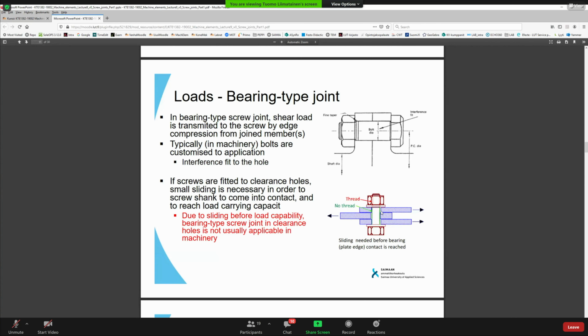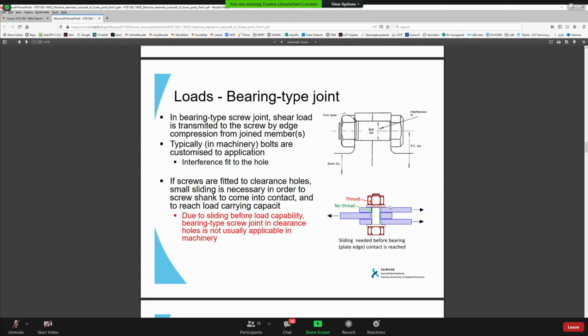Therefore, this bearing type joint is not that well suited for machinery if it's not done with interference-fit special joint bolts. With a clearance hole, it's not very usable.